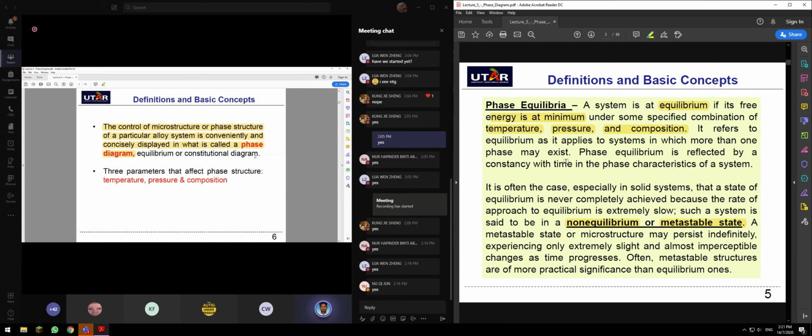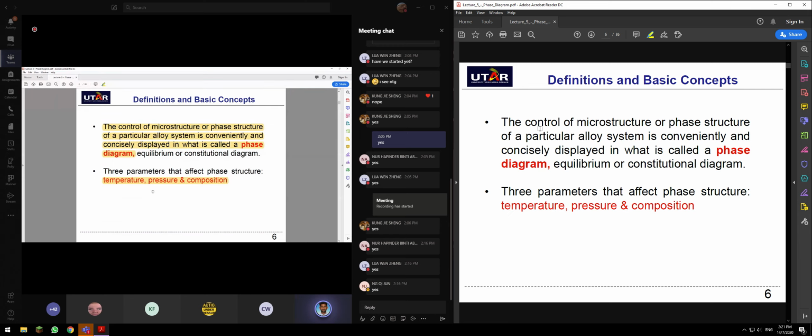And in a phase diagram, the three main parameters that affect phase structures are temperature, pressure, and composition. Highlight this. Three main parameters that affect the phase structure: temperature, pressure, and composition.